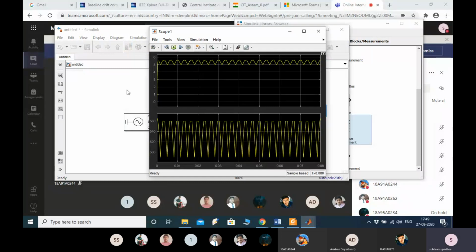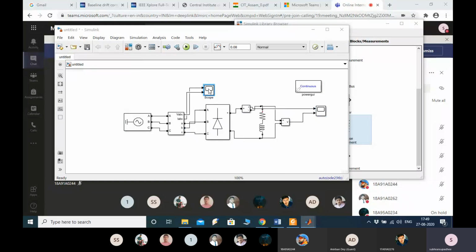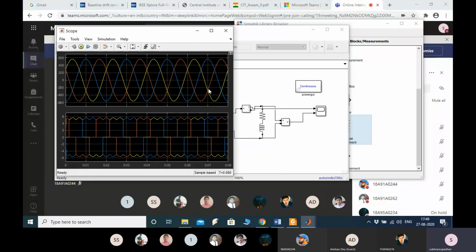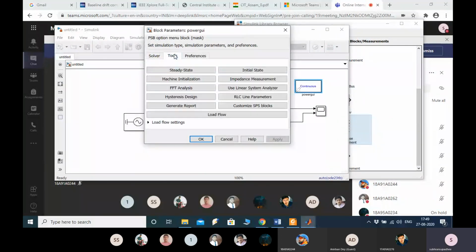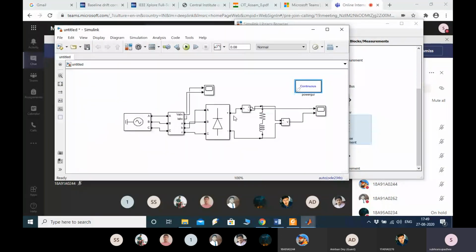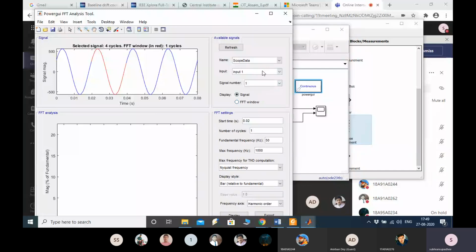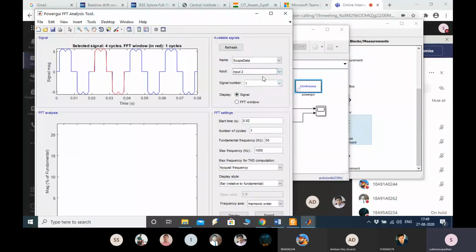And here is the input current and source current. Check the FFT. Input 2.